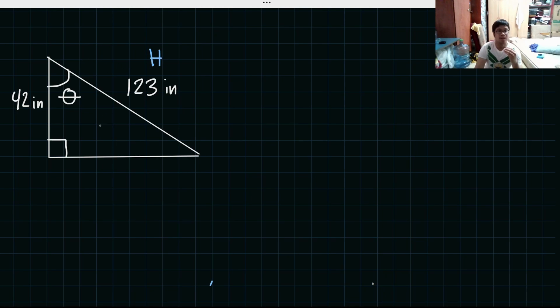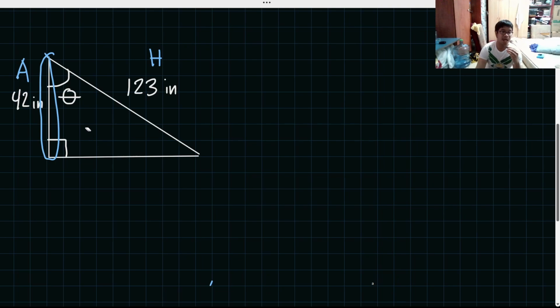All right. Now next, we have the legs. But again, legs have their own specific name. Is it opposite? Is it adjacent? We will see. Here, since we have a given acute angle above, that means this vertical side is beside that angle. So therefore, this is not opposite, but rather adjacent, because it is beside the angle.